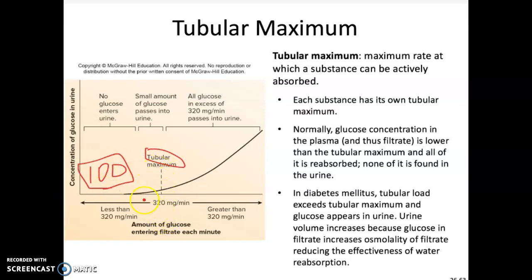But when you have a load surpassing the tubular maximum, such as 320 milligrams per minute, then you're going to have glucose in your urine. That's the reason patients with diabetes have glucose in their urine.